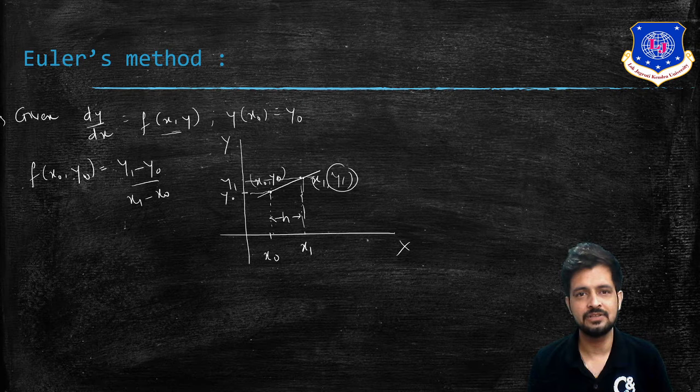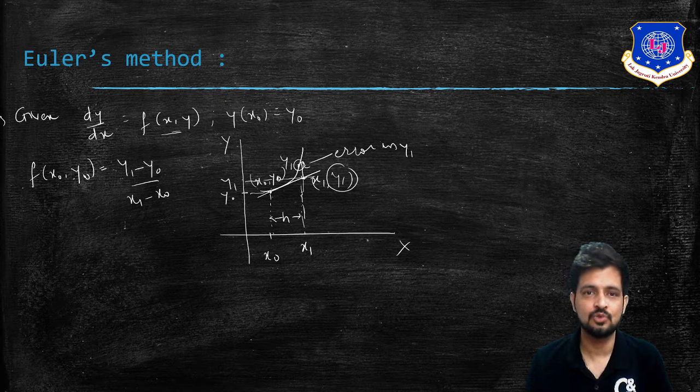We draw a tangent whose slope at x0 y0 is f of x0 y0, and we get one point. But our actual point is here. This is the value of y1 that we get with Euler's method, and this is the actual value of y1. So there is error in Euler's method, in the values of y1, y2, y3 and so on.